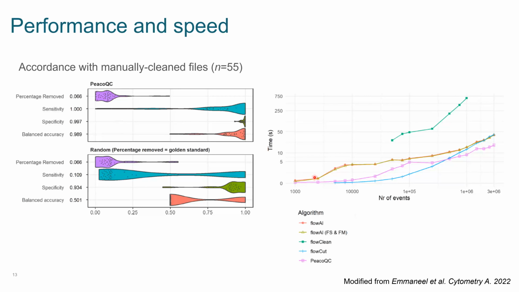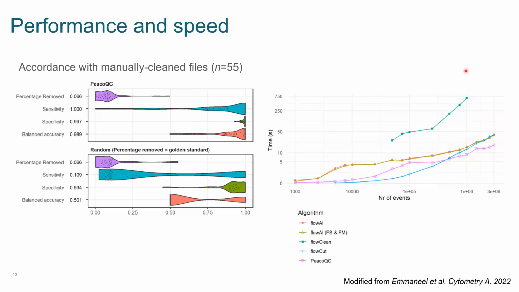And in terms of speed, here are some metrics they did for that compared to some other tools, two of which are actually available on the FlowJo exchange. There's FlowAI and FlowClean. And Peacock is in the purple, pink, magenta color. So you can see, depending on the file size, it can perform comparably to some of the other tools. In other situations, it's much faster. But I think one area that's nice to highlight is as our files get larger.